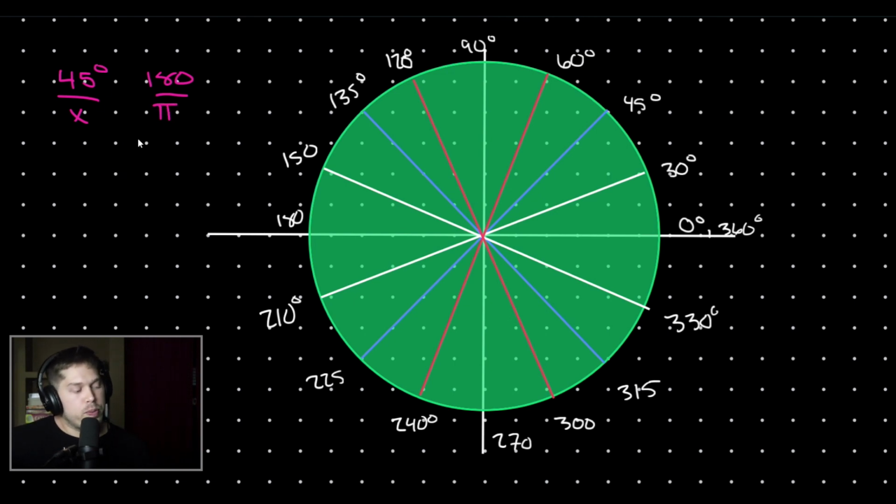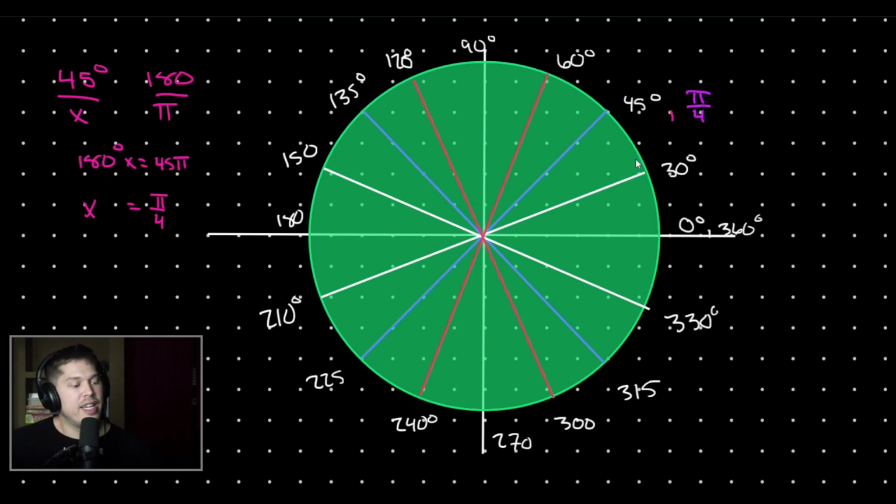And so you can just cross multiply to solve to get 180 degrees times x equals 45 times pi. And then we can divide both sides by 180 to get pi over 4.